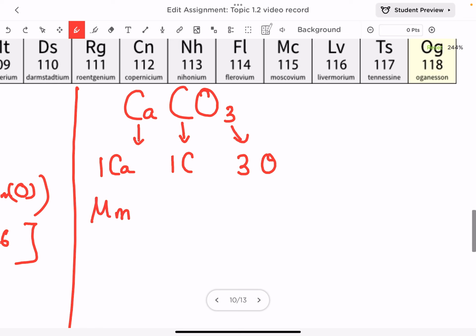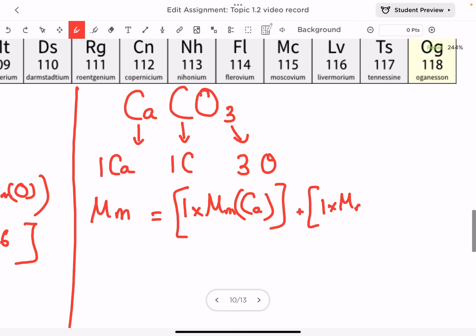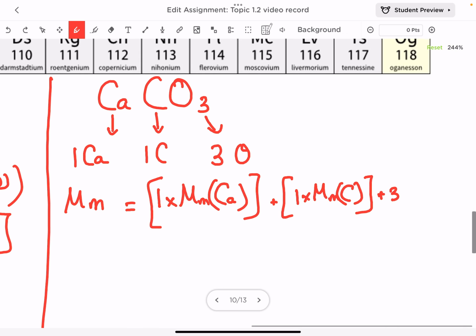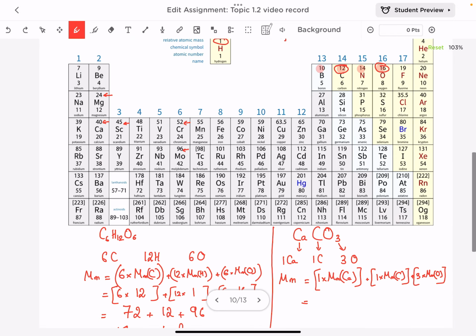So in order to calculate the molar mass of this compound, it would be 1 times the molar mass of calcium plus 1 times the molar mass of carbon and 3 times the molar mass of oxygen.